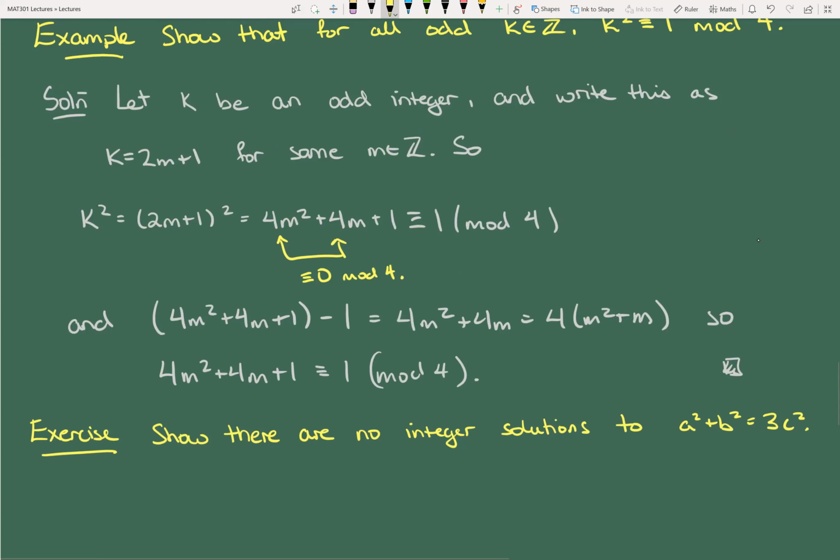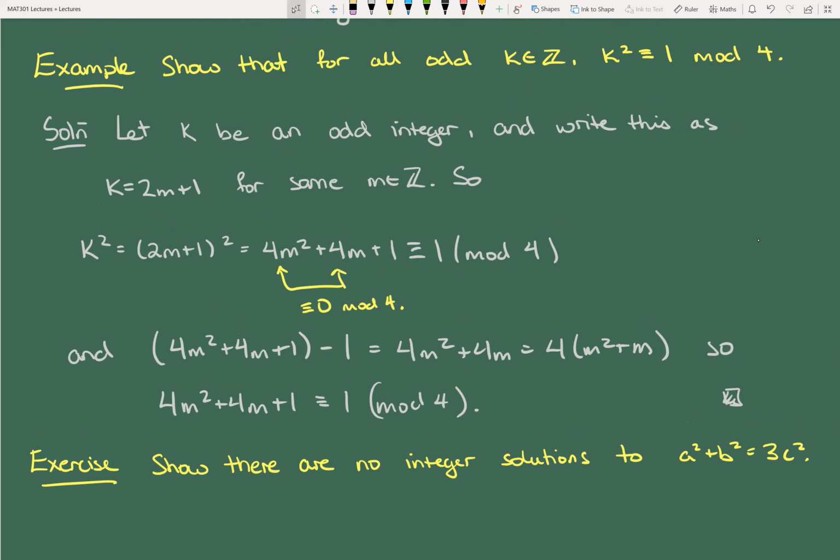So in this problem, I said, look, the square of an odd integer is always congruent to 1 mod 4. Very quickly, can anyone tell me what is the square of an even integer congruent to mod 4? Okay, so if you were to do the same proof, yeah, it's 0, right?